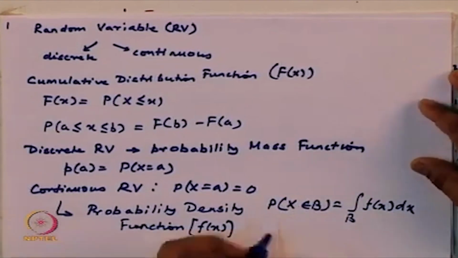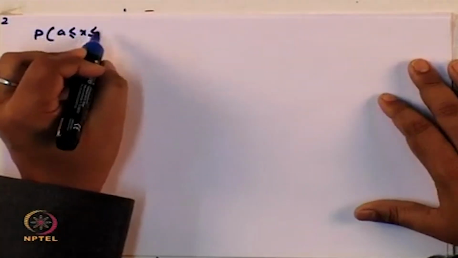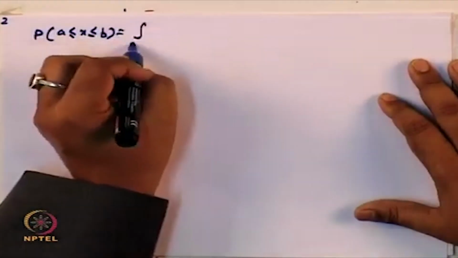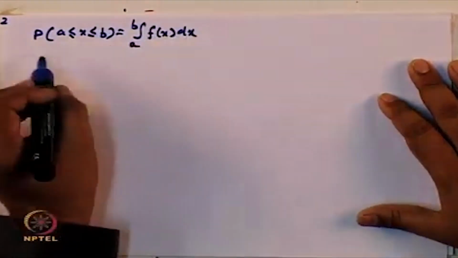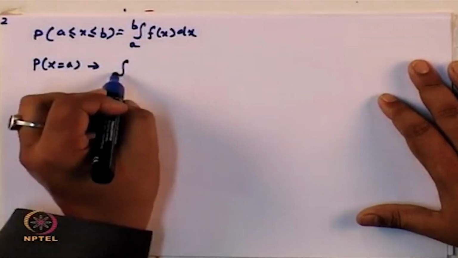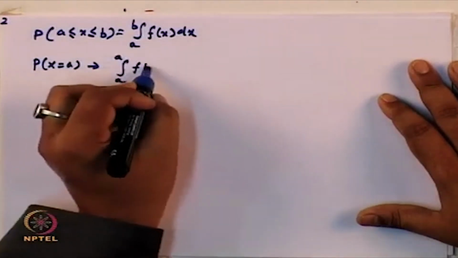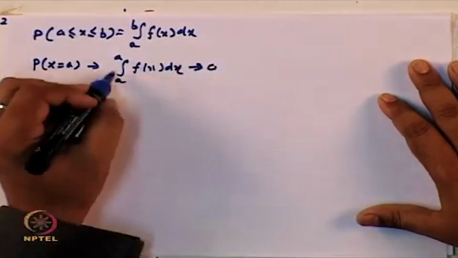So, this would mean that the probability of X in [a, b] is the integral from a to b of f x dx. So, the probability of X equal to a would amount to the integral from a to a of f x dx, and this is nothing but 0, because you have the same interval.